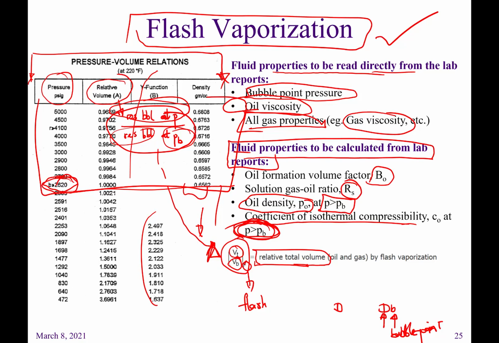Remember, the difference between the flash vaporization and the differential liberation is that in the flash, it's a constant mass expansion. So we don't take out any volume of fluid from the chamber. But in differential liberation, when gas comes out of the oil as we reduce the pressure, we bleed out the gas, and we again expand it further and allow new gas to come out of the oil.